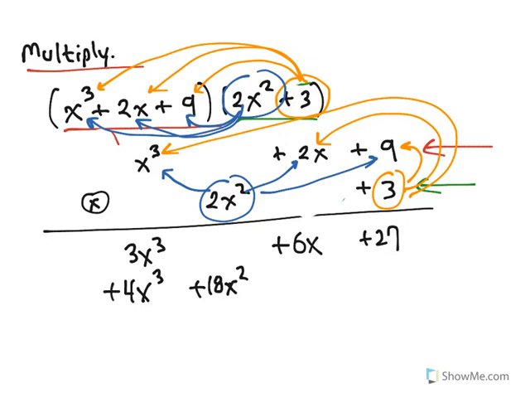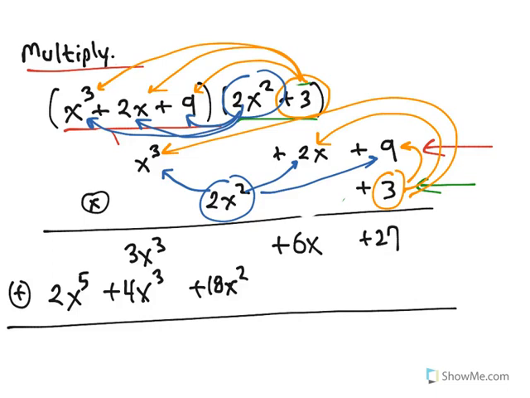And then I have 2x squared times x cubed, which is going to be 2x to the 5th power. And we will add like terms. The good thing about having it set up in this way is that your like terms are already lined up.